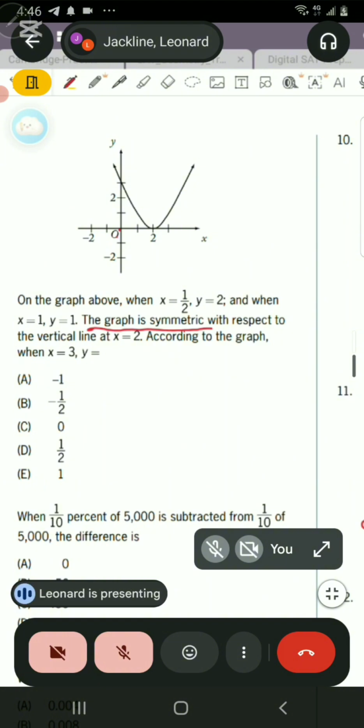First, let's answer this question without talking about symmetry. If the question is asking us to find y when x equals 3, remember this is 1, this is 3, right? If we trace this up until it touches this line, then trace to the y axis, the value there is 1. So the answer is 1. Simple.